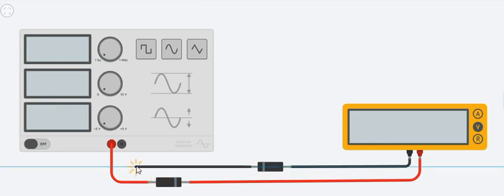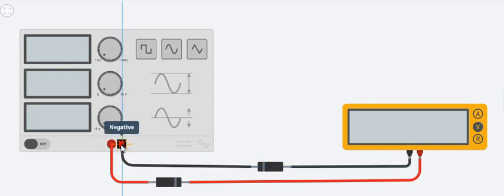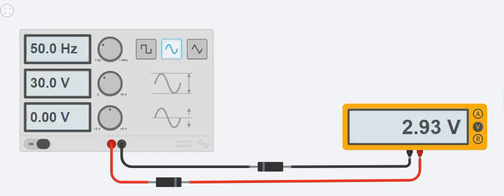For the first measurement we did, the positive side, we have cut off the negative part of the wave. But the negative side is still fully sinusoidal. So let's check now. Oh, it's reducing. However, it's becoming close to this.